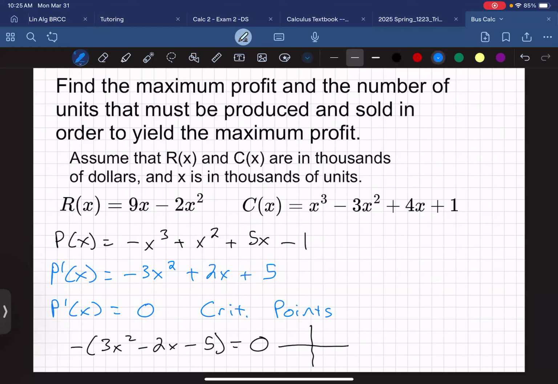If you choose to use a quadratic formula, there's nothing wrong with that, but what you're going to find here is it is factorable. We can use negative 5 times 3 and negative 5 plus 3, okay? What that'll give us then is negative out in front, and then I'll have a 3x, an x, a 5, and a 1. And I want it to be negative 5 and positive 3.